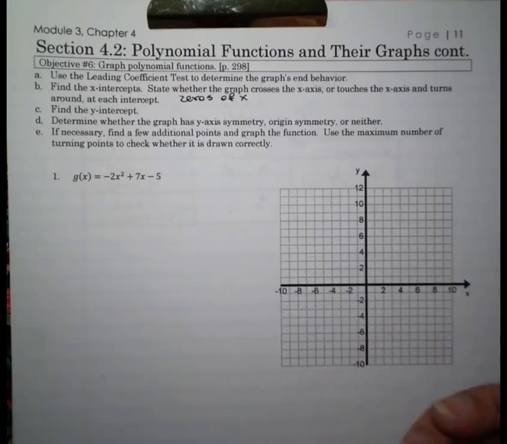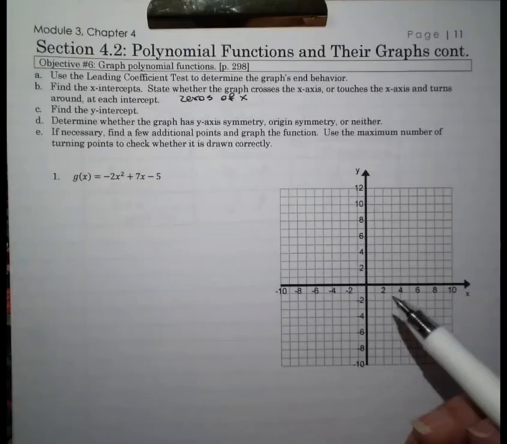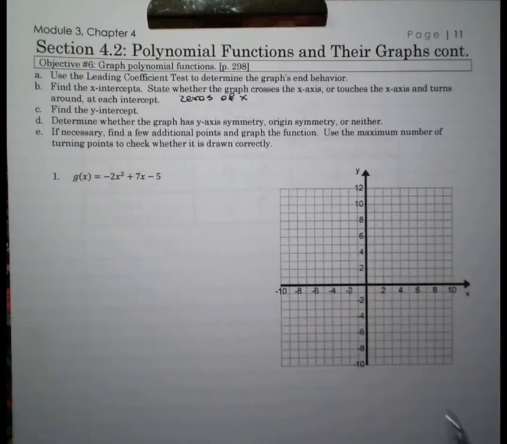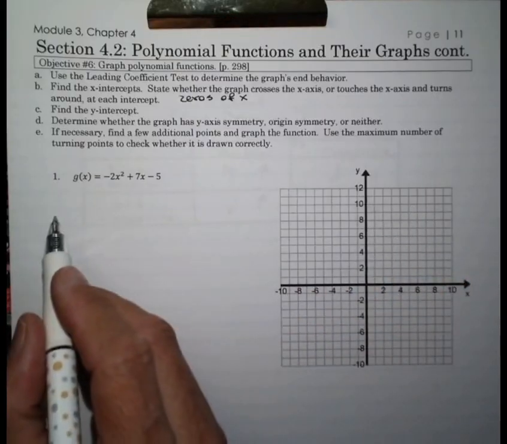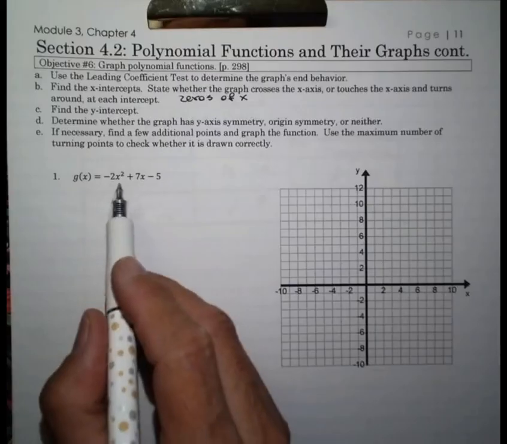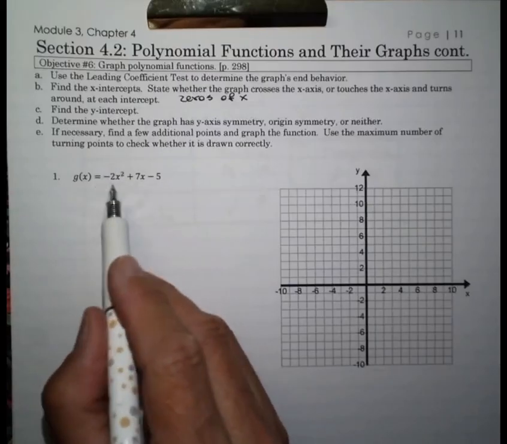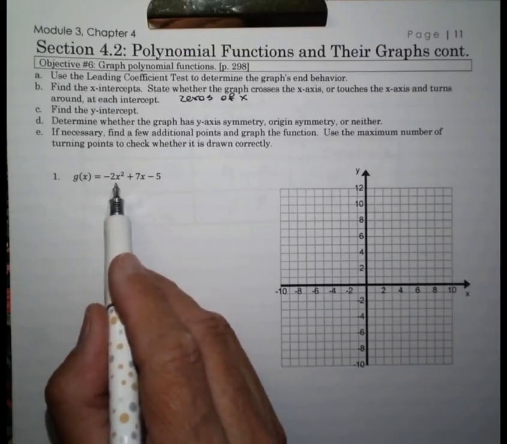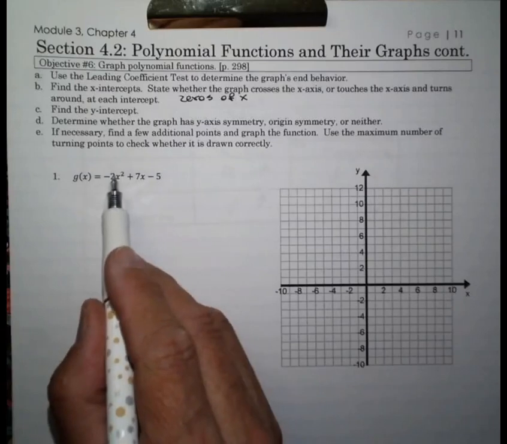Now, this first one I'm going to give you is going to be a very difficult one for you to graph using your calculator because it's going to end up with decimals, not whole numbers, as points, or fractions. So I wanted to show you an example of that one, and that's why we're going to do this one first. The first thing I want you to notice is that from the previous section 4.1, this graph is a parabola, right? The highest degree is a 2. This is an x squared.